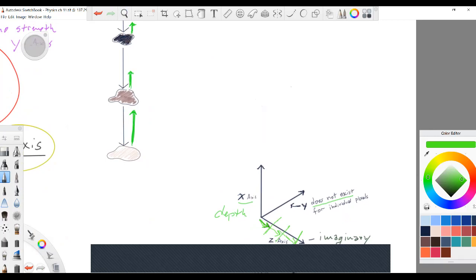And all of this is brightness. Strong echoes, more bright. Weak echoes, less bright.